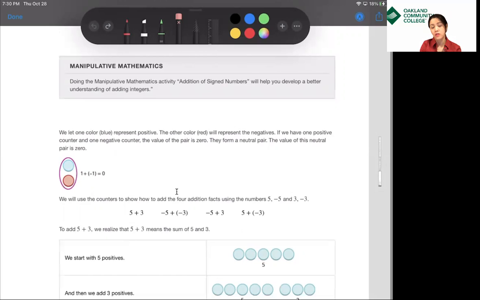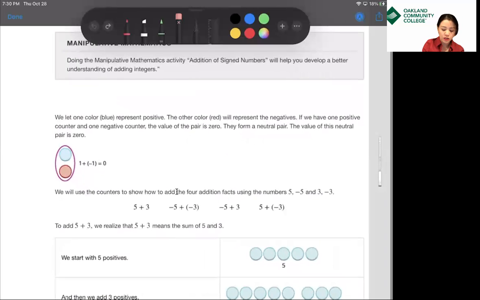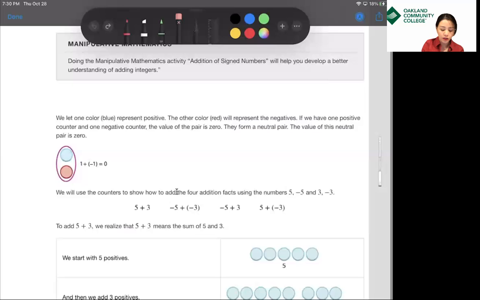If we have a pair, red and blue together, the sum is 0, right? The value of this neutral pair is 0. For example, if you take a look at this illustration here, I have one blue ball and one red ball. So that means 1 plus -1 is equal to 0.